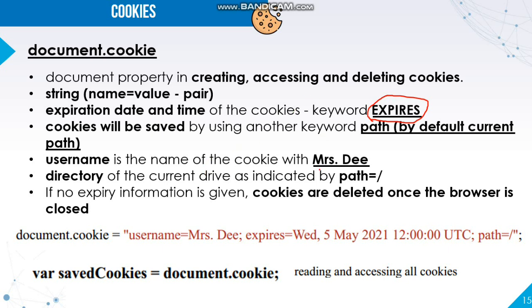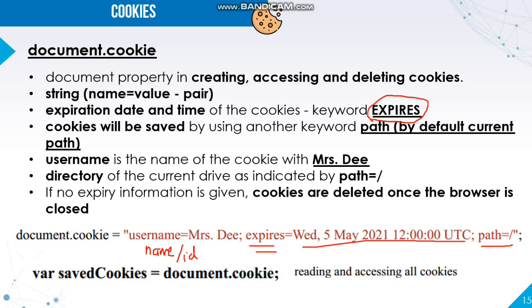Let's say, for example, we have Mrs. D for your username. Again, this is the ID, also known as the name. So Mrs. D is the username, and then expires, which means this will expire on this particular date, and then the path will just be the default one.